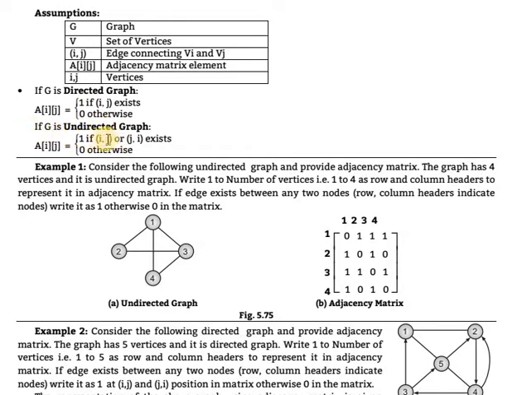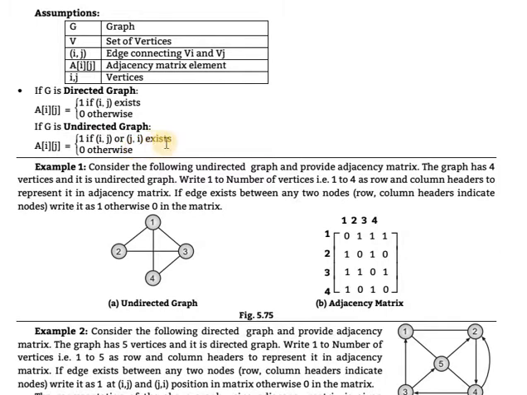If G is an undirected graph, how do we write the matrix? A of I, J is 1 or 0. Write 1 if an edge from I to J or from J to I exists.